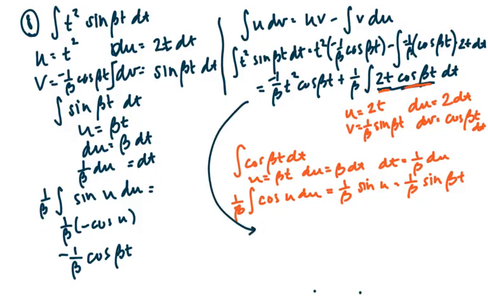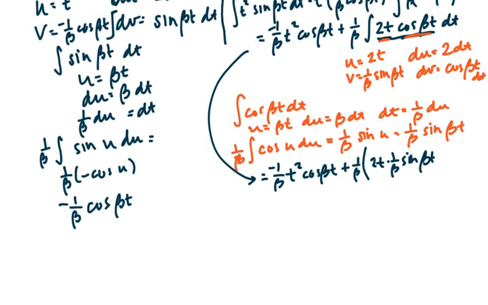So this is going to now come down here, and we say equals negative 1 over beta t squared cosine of beta t plus 1 over beta, parentheses. We have uv, so u is 2t, times 1 over beta sine beta t, minus the integration of v, which is 1 over beta sine beta t, times du, which is 2 dt.